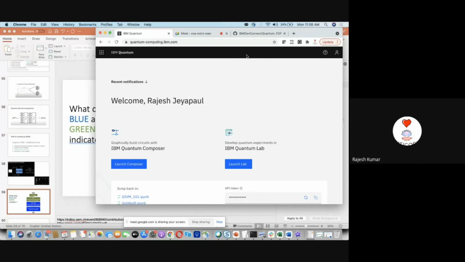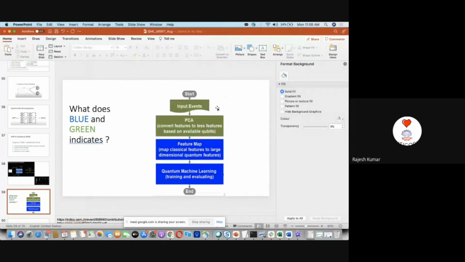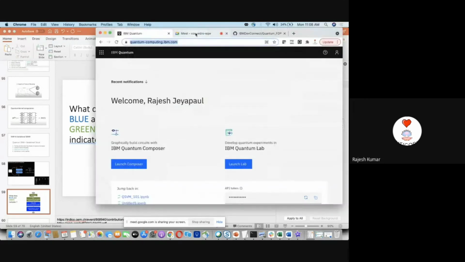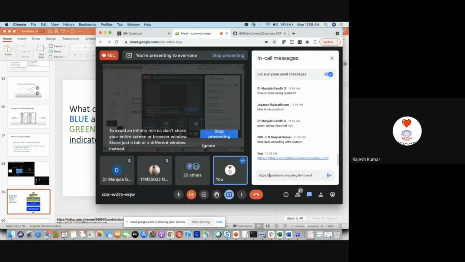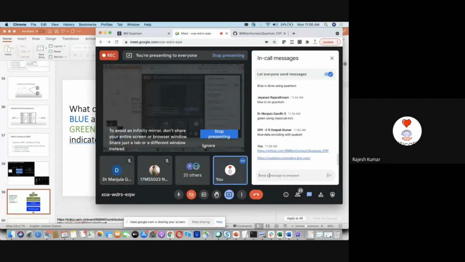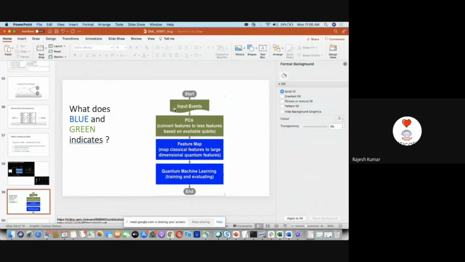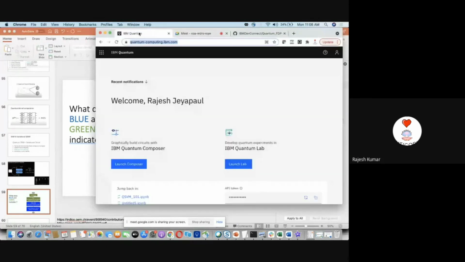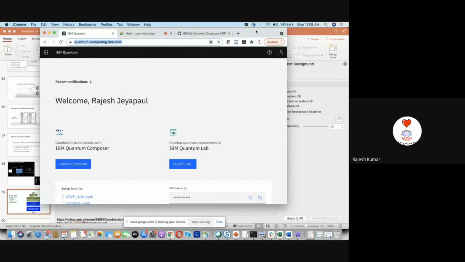Can you all log into quantum-computing.ibm.com? I will put it in the chat window. Let me know if any one or two are able to log in. You can use your social media ID also. If you have an IBM ID, you can use that. No need to do any registration.